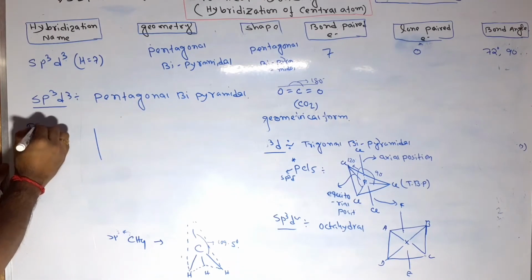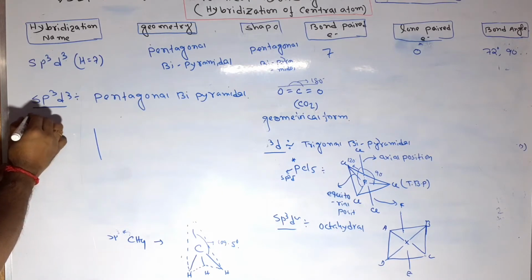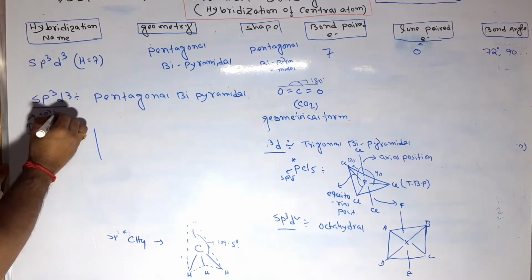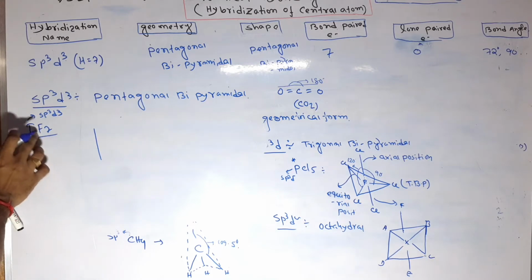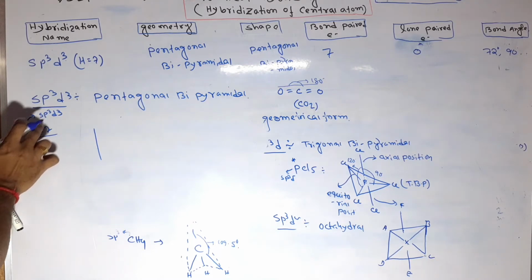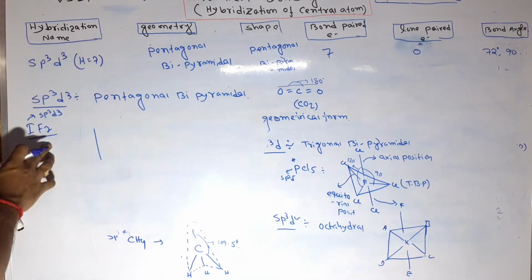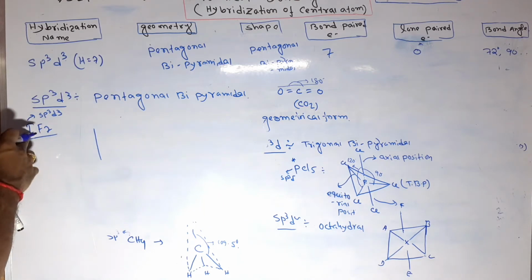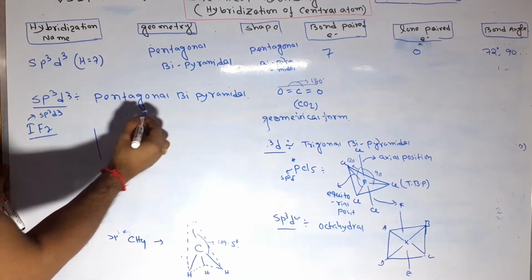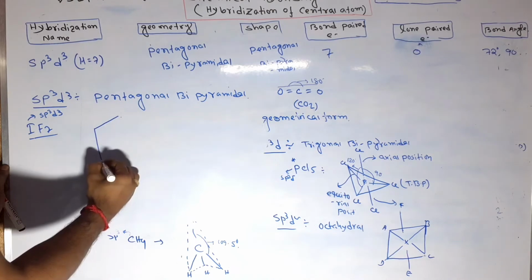Suppose IF7, the central atom occupies sp3d3 hybridization. You can check this by the method we previously learned about the hybridization procedure. This is the pentagonal bipyramidal structure.